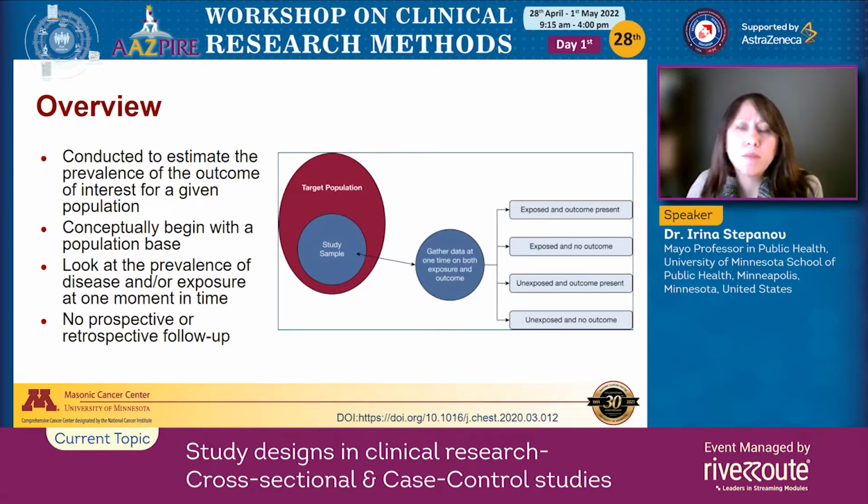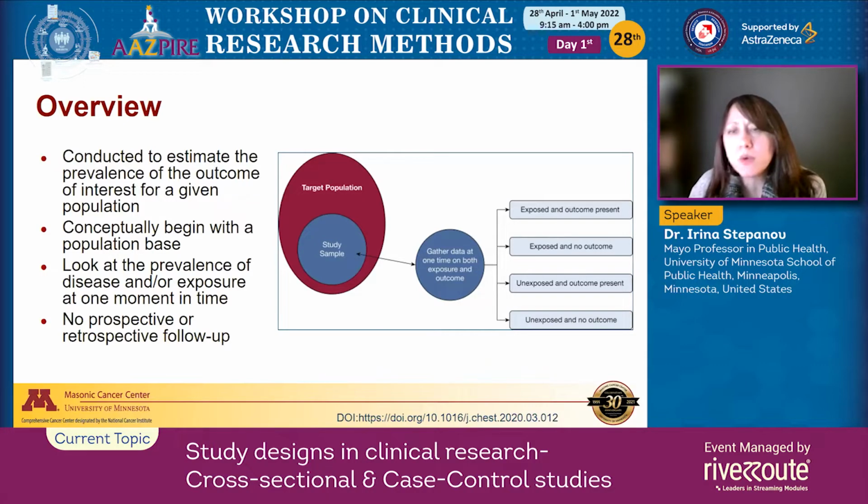And for that reason, as I mentioned earlier, these studies are like a snapshot of the proportion of individuals in the whole population that are, for example, having disease or not having disease at one point in time. In some of these cross-sectional studies, other outcomes besides diseases may also be studied.